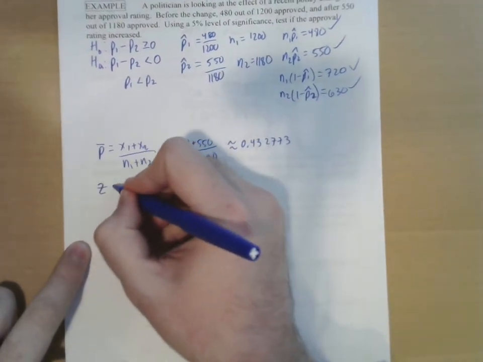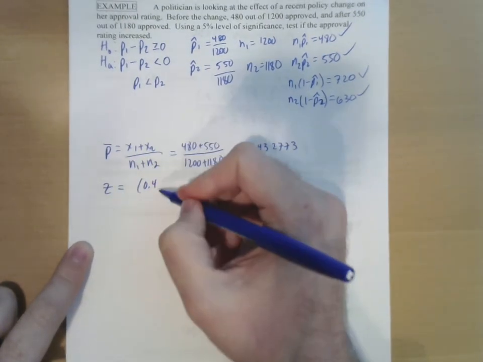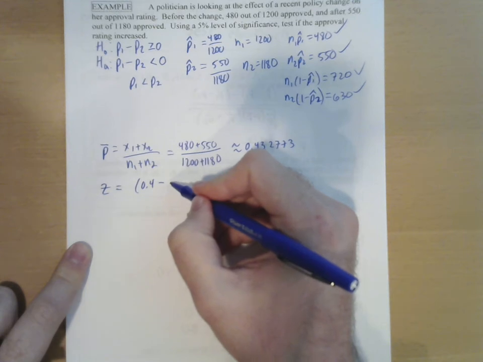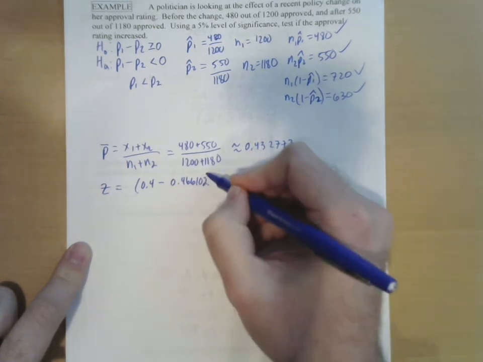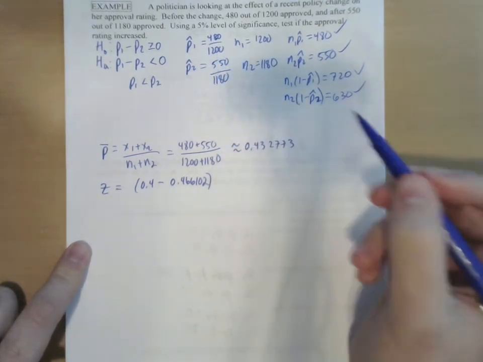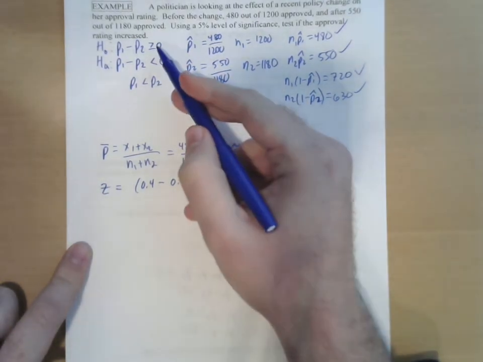And then our z-score, plugging in our values, we have 0.480 over 1200, which is a nice round decimal, minus 0.466102. This is an approximation of P2 hat. And then this is going to be minus 0. That's coming from the null hypothesis.